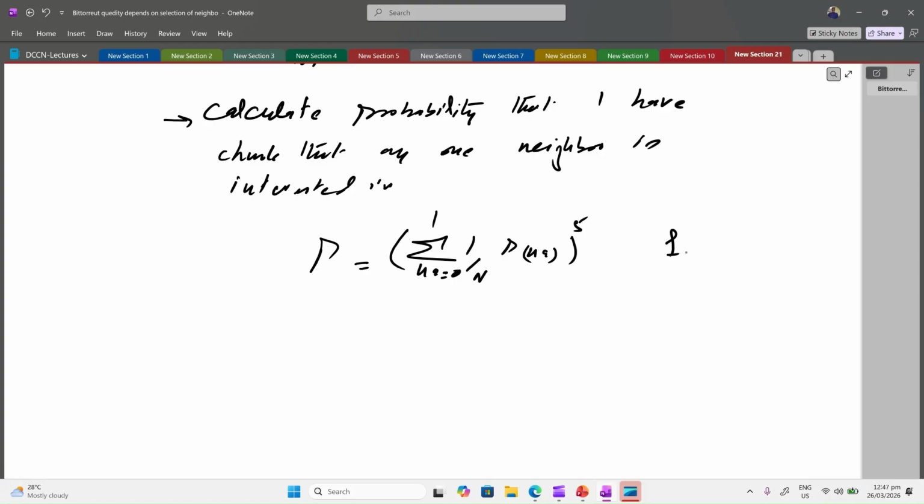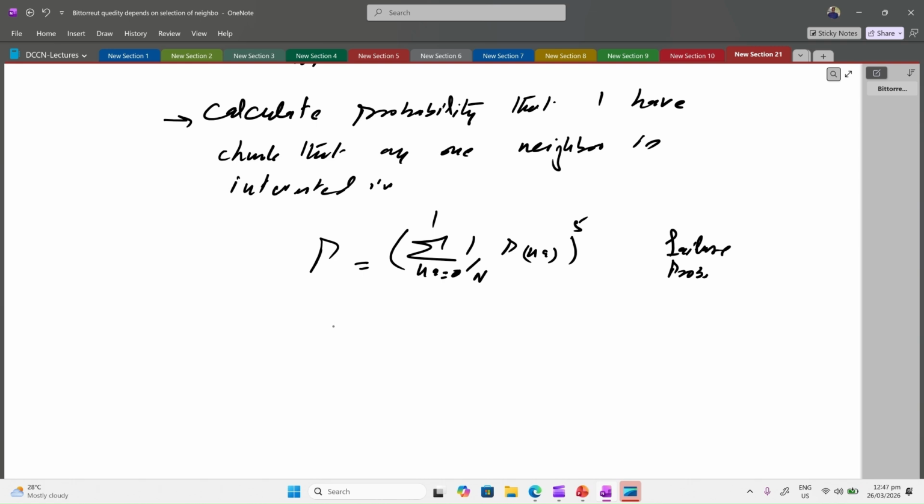This is known as the failure probability. It says I have at least one chunk which is of interest to any one of my five neighbors. Okay, so this is the failure probability.